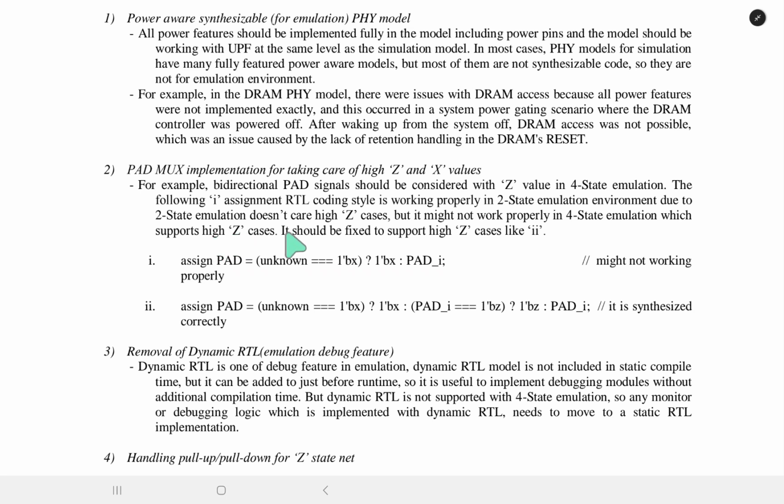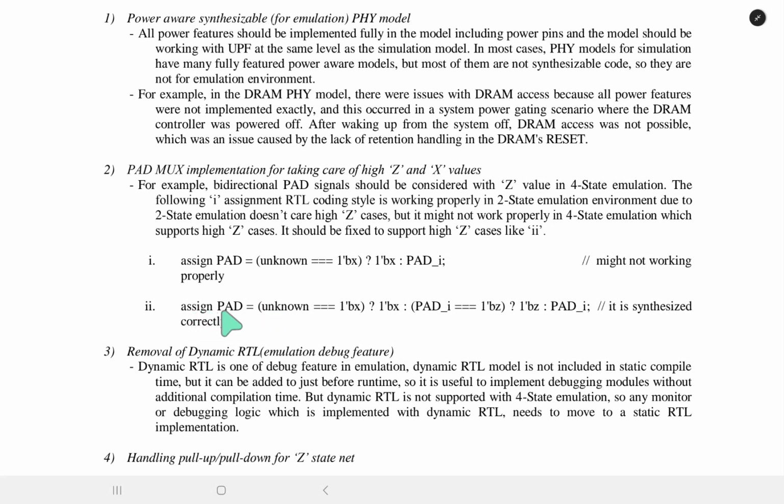It should be fixed to support high-Z cases, like the number 2: assign pad equal to a four-state 1'bx ternary operator, as 1'bx : pad_i, might not work properly.